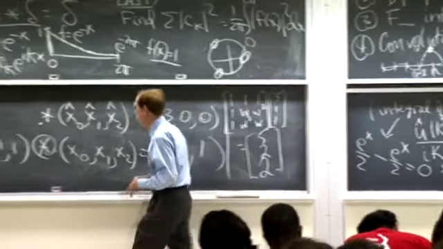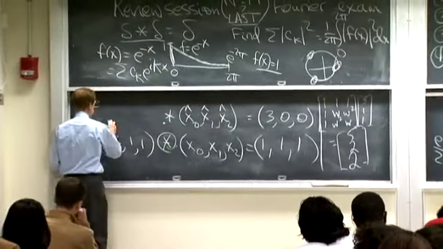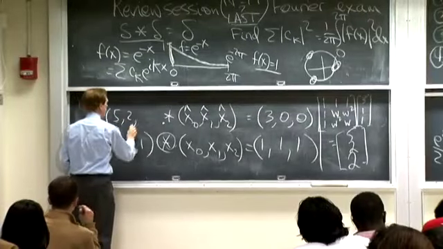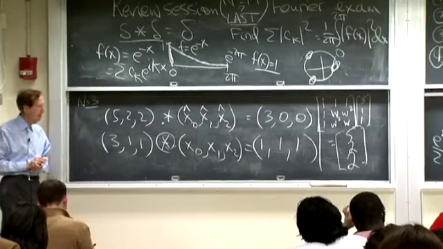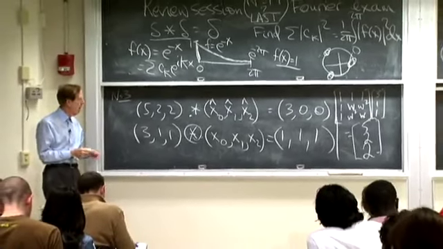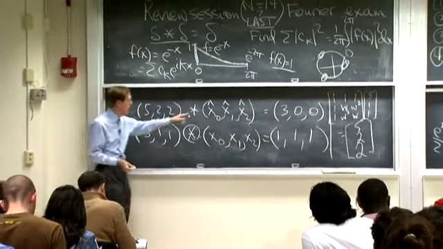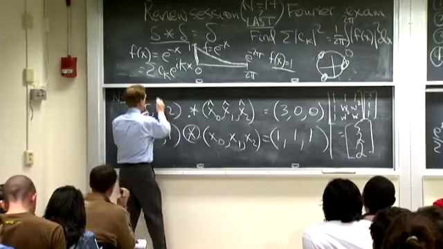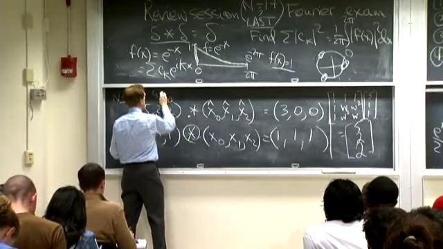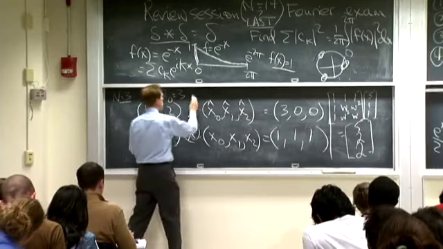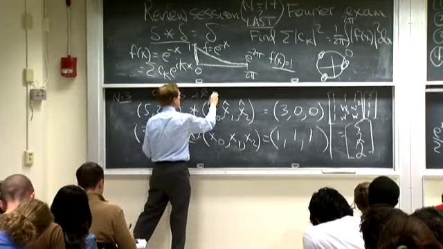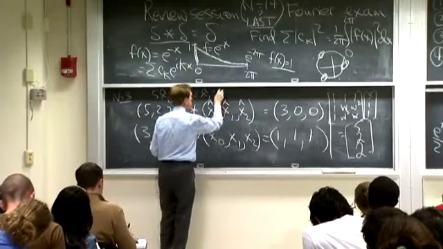So I got 5, 2, 2. So I've transformed. Now what do I do next? I divide. So this is telling me that 5x, this is 3 separate equations. It's 3, 2 x1 hat is 0, right?